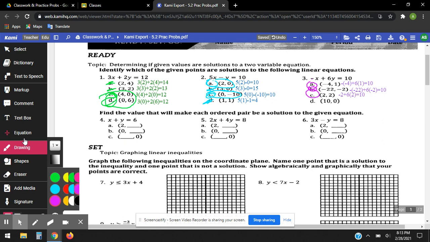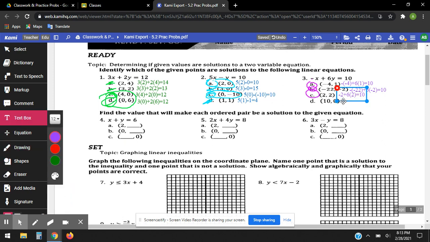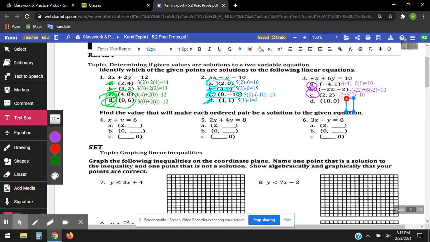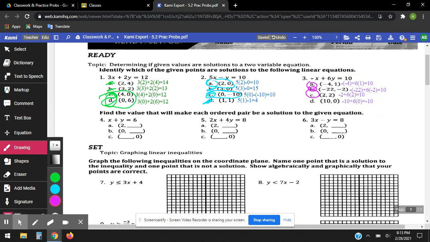Let's see if D, do we have all of them work on this one? Okay, so negative 10 plus 6 times 0 equals negative 10 plus 0 would actually be a negative 10. So D does not work in this case. So here we had 3 solutions and one that did not.